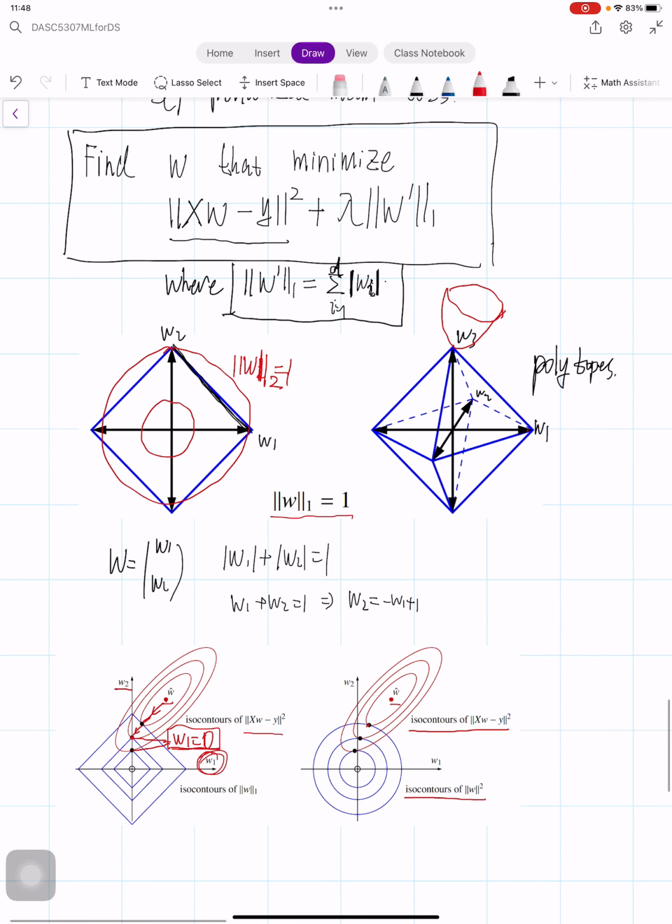If the solution's contour ellipse just intersects here, it means W1 and W2 are 0, so you find that variable X3 is important and W1, W2 are not important.